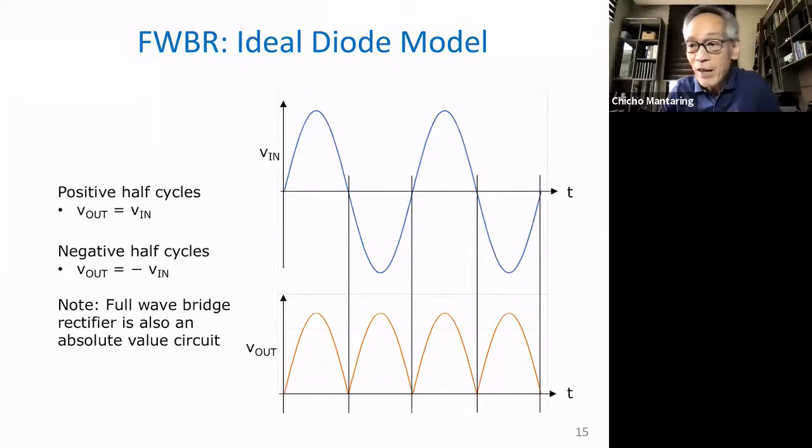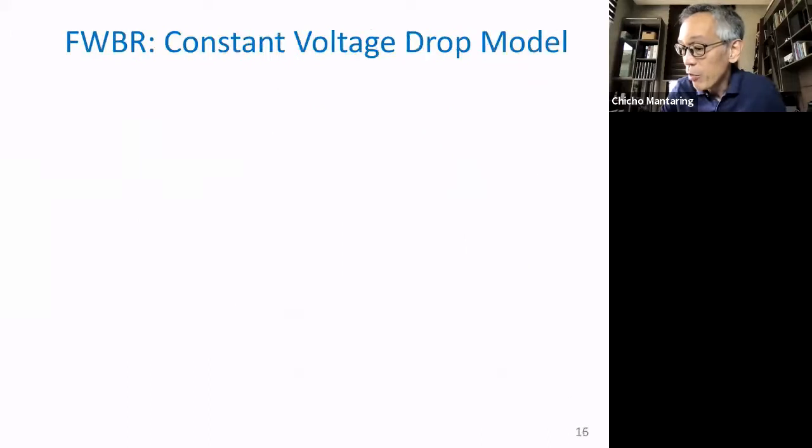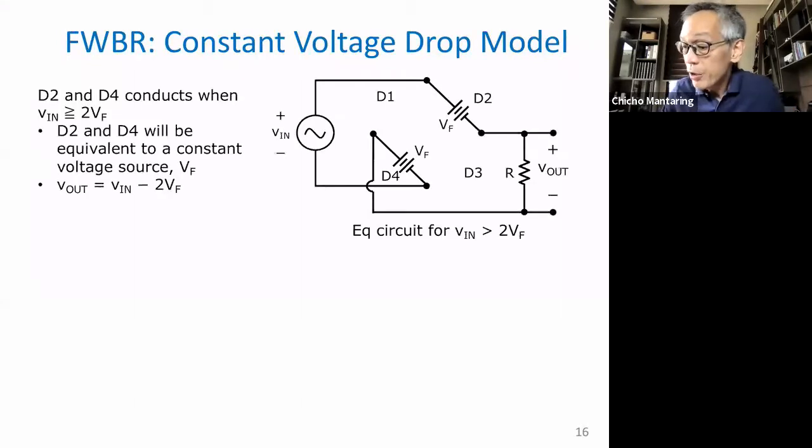And that disadvantage is what we're going to see now when we consider the full wave rectifier using the constant voltage drop model. Because during the positive cycle, you now replace your diodes with the model. First, when do D2 and D4 conduct during the positive cycle?